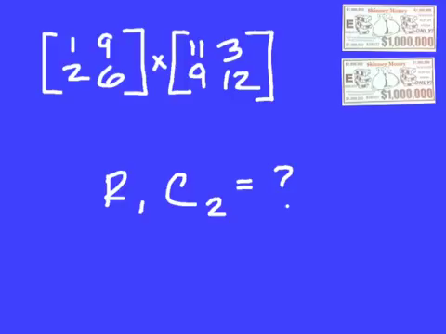Here's a practice problem. Type this one in, and you can type it over top of A and B, or you can use C and D, whatever you want to do, but make sure you keep track of which matrix represents what. Bring up row 1, column 2 for this one.